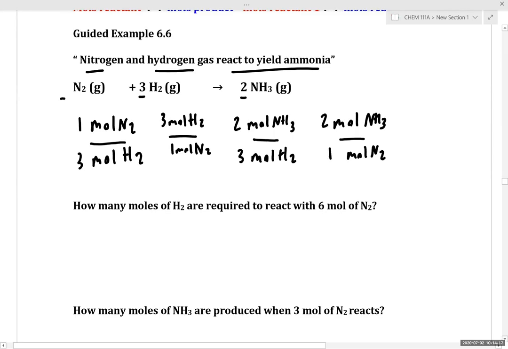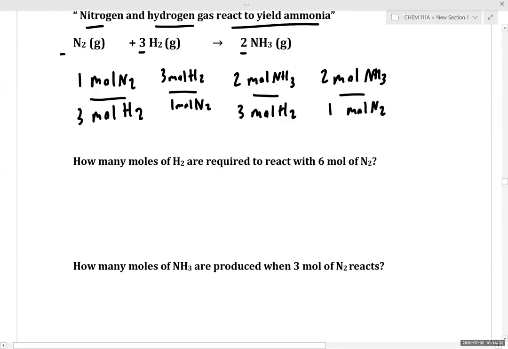So as you can see, looking at a chemical equation, we can generate a plethora of mole-to-mole ratios. Now it's our job to selectively pick the mole-to-mole ratio that would help us solve this problem. So looking at our examples, we're asked how many moles of hydrogen are required to react with 6 moles of nitrogen.